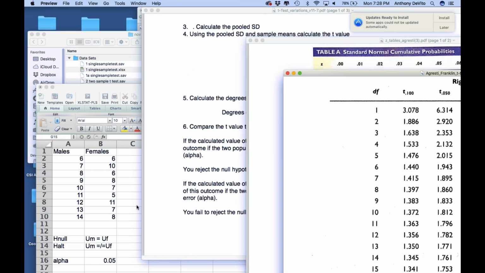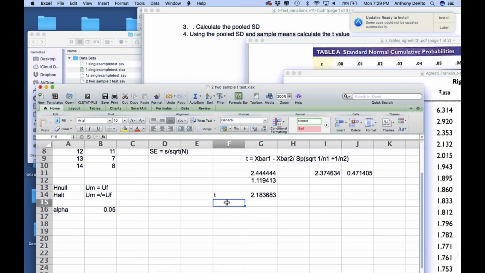Okay, so the critical value of t is 2.12. Can I reject my null hypothesis? Yes, because I've exceeded my critical value of t. I know there's less than a 5% chance that I will be wrong if I reject the null hypothesis. So I reject the null hypothesis and accept the alternative hypothesis.